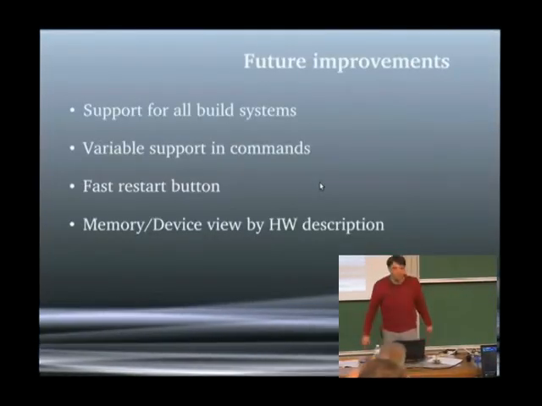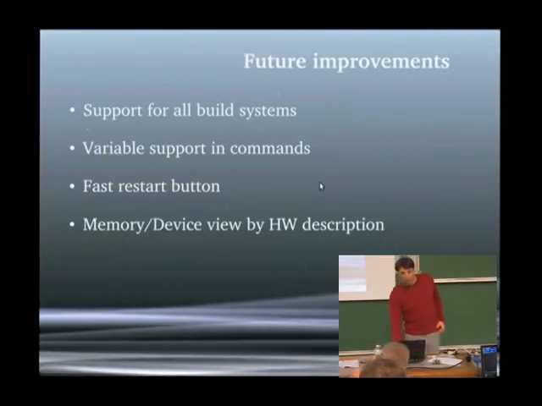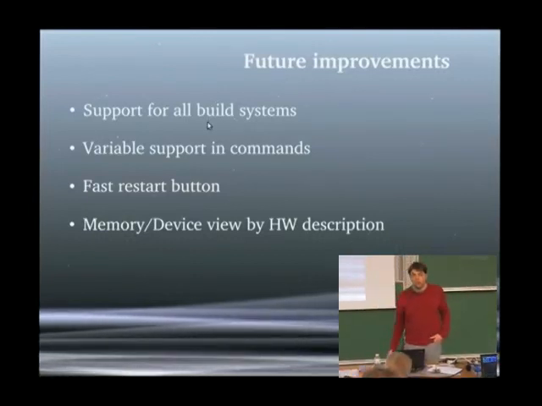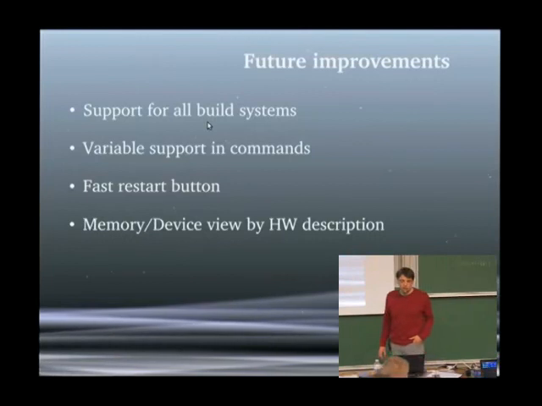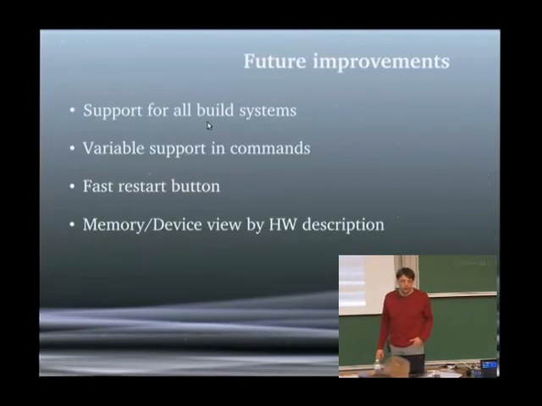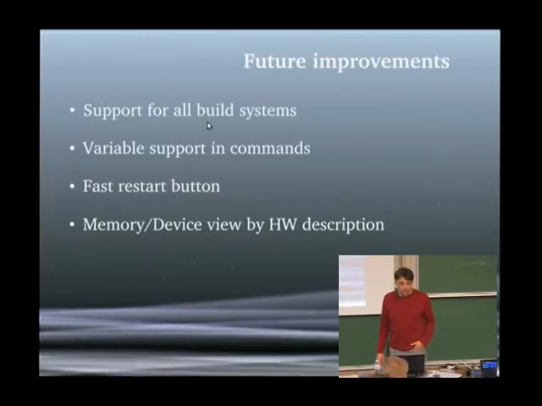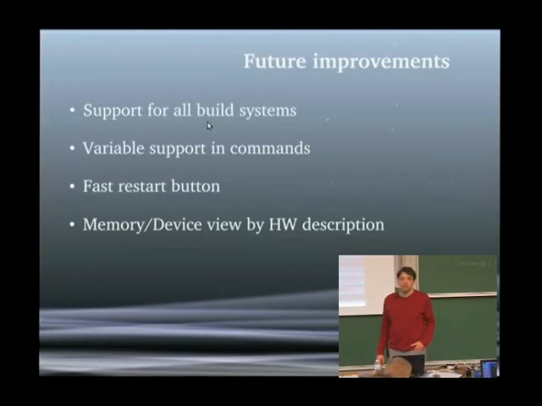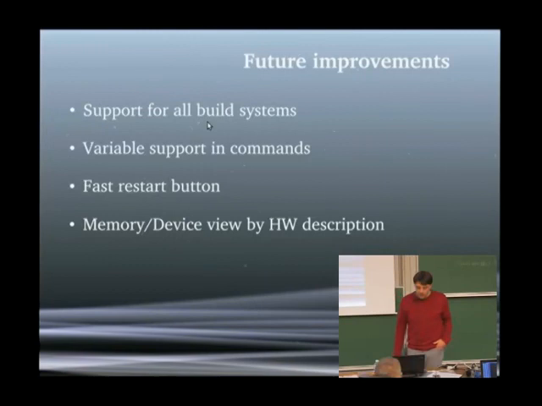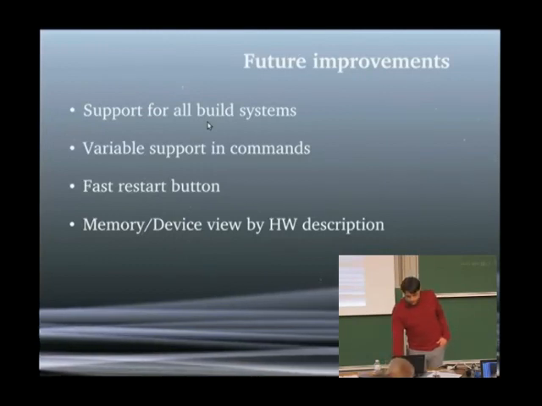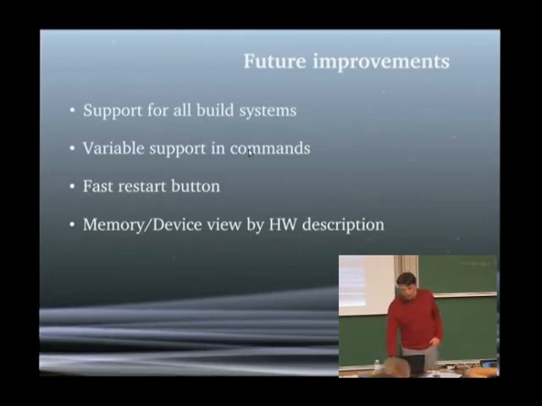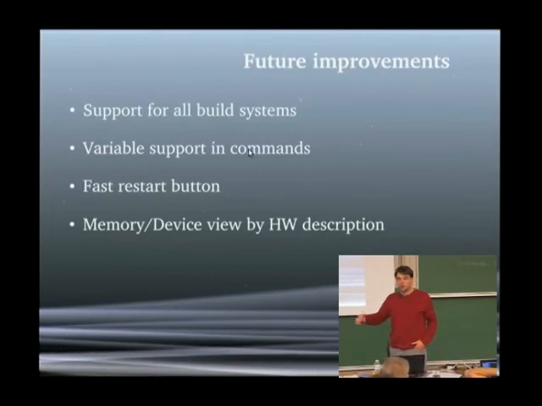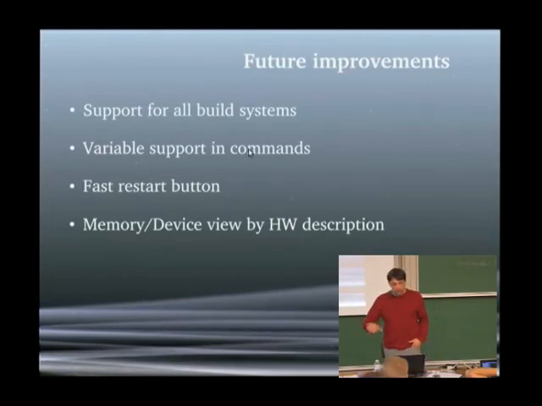So, okay, future improvements: support for all build systems QtCreator supports. So currently only QMake and Cubes is supported, and CMake and Make, I don't know, I haven't tested it, I haven't had time to test it, but it would be nice to have it. To have variable support in the command window, which is entered into the device view for the BareMetal.